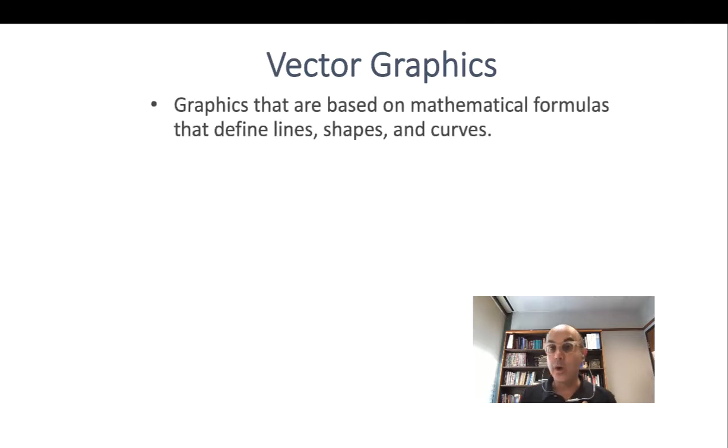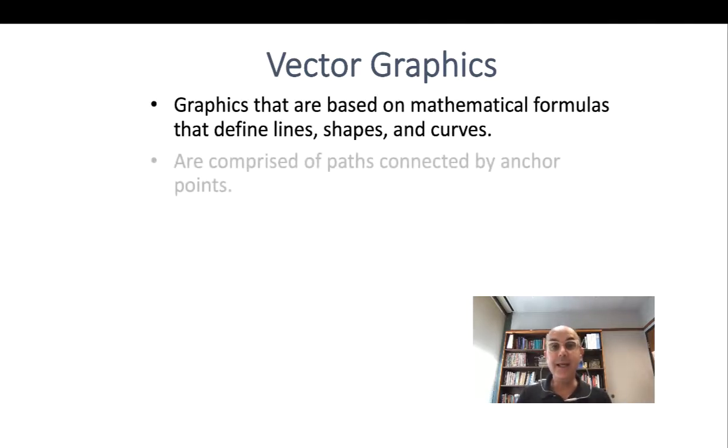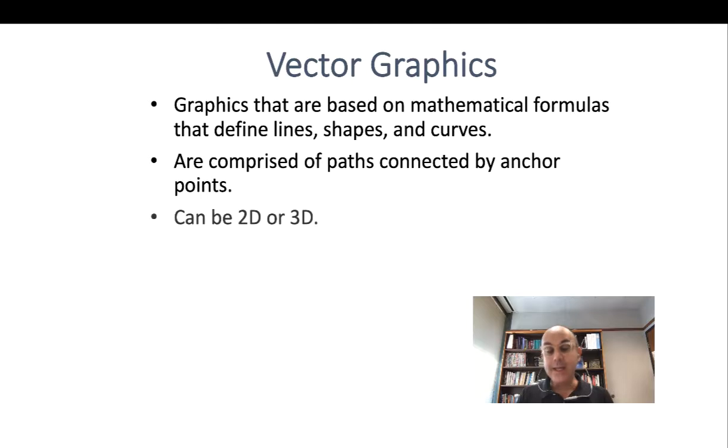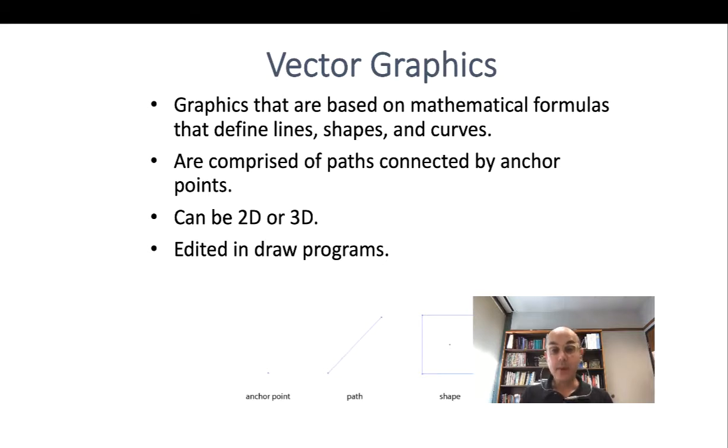So vector, what it is and what it is intended to do. It can allow us to produce 2D and 3D. It allows us to edit and be able to create the point, the path, and the shape.